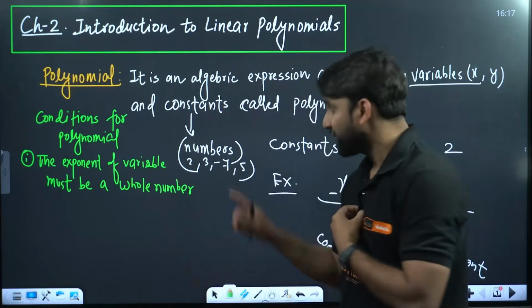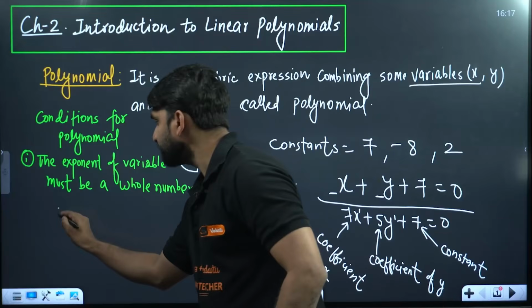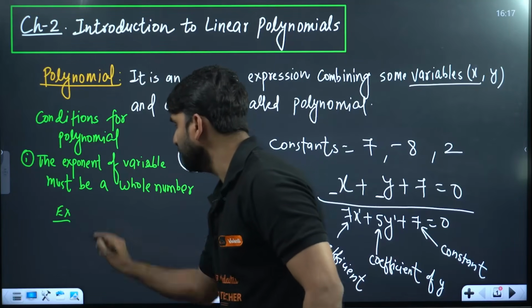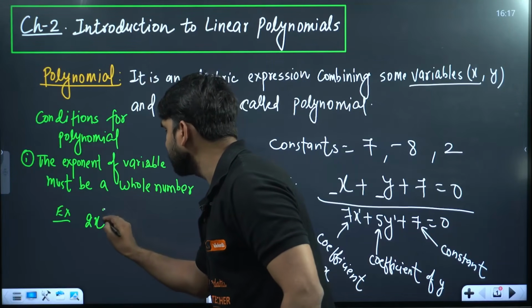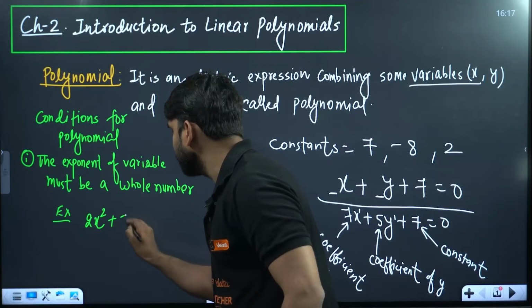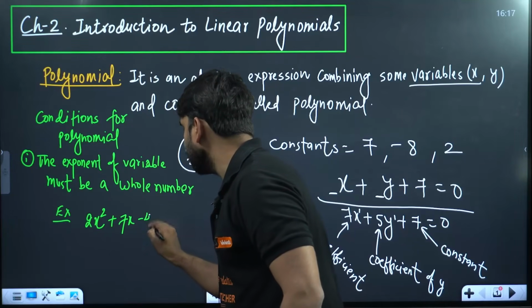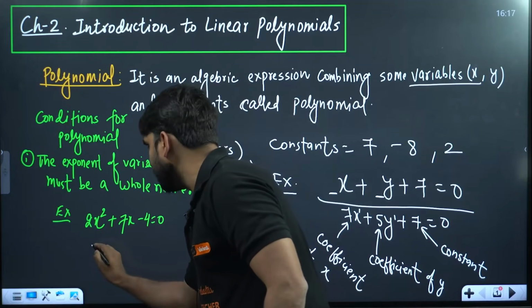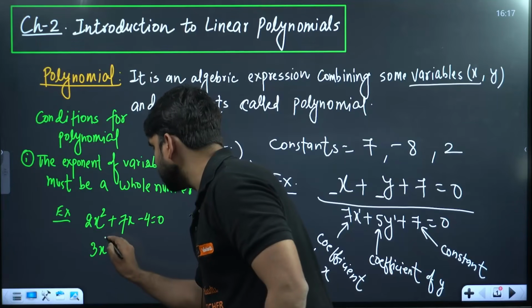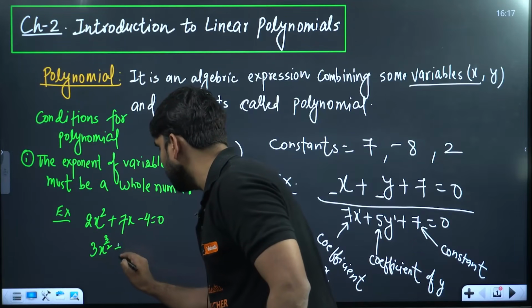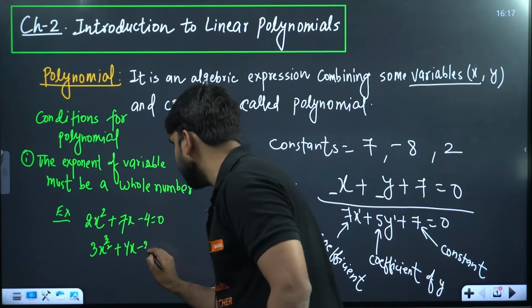For example, 2x square plus 7x minus 4 equals 0, and one more equation I have, 2x to the power 3 by 2 plus 4x minus 3 is equal to 0.